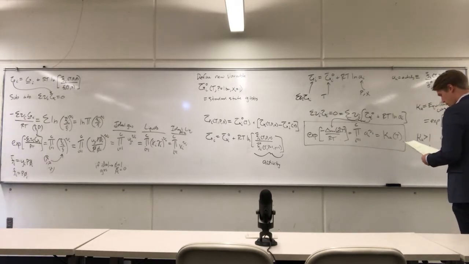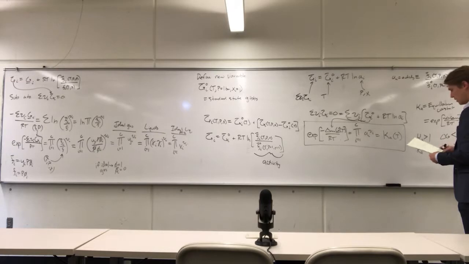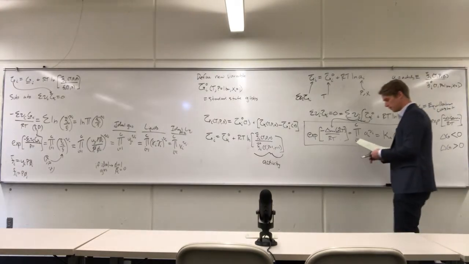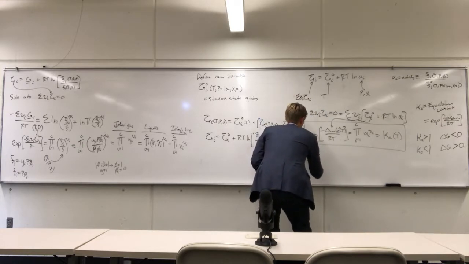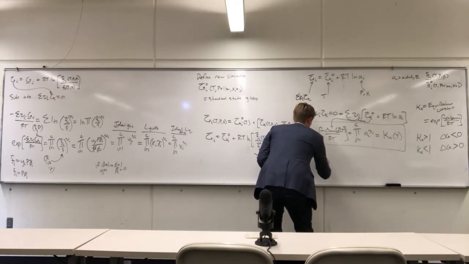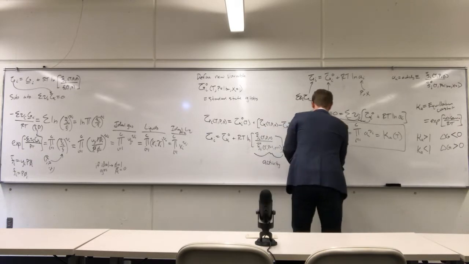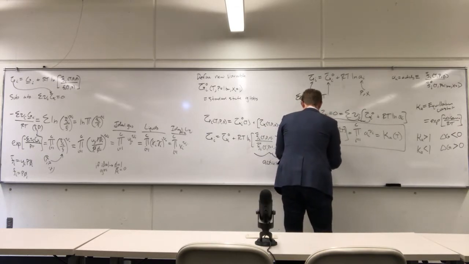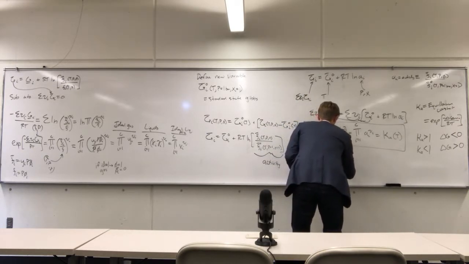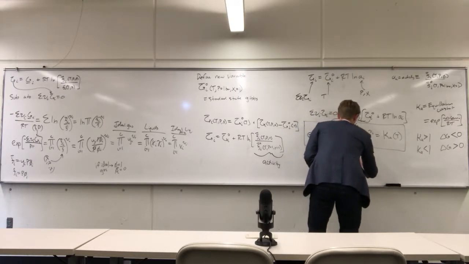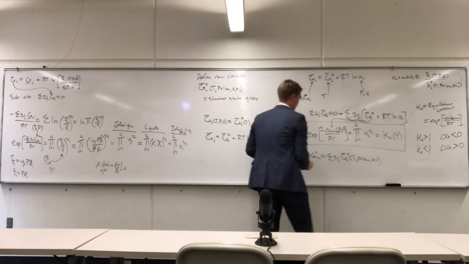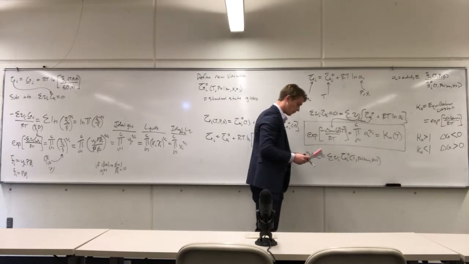One other quick note here. It's just a few more definitions. Just to be clear, the delta G of reaction at the standard state is just the summation of the stoichiometric coefficients.